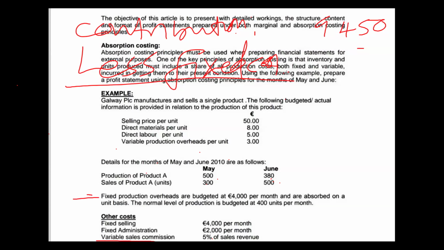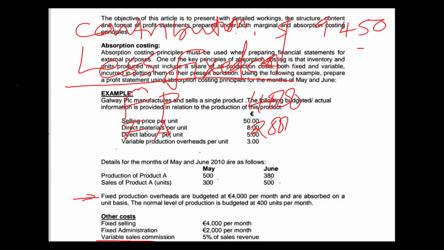The question is saying the fixed production overheads are budgeted at 4,000 per month. So these are fixed production. You put this in the first column, 4,000, plus the fixed administration.